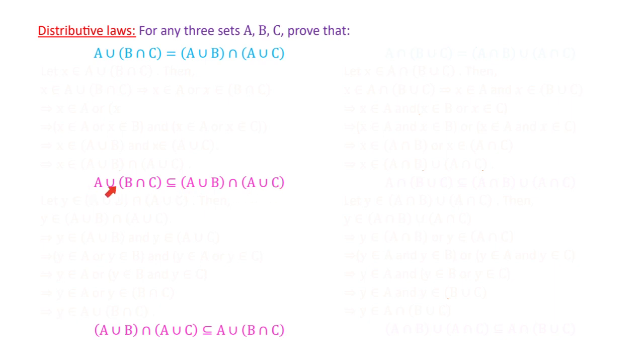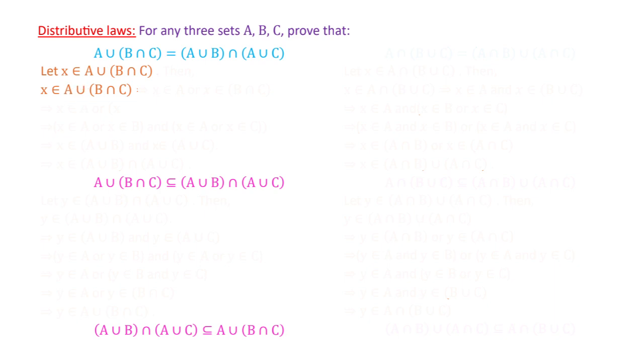So to prove this first result, we have to prove that this set is a subset of this. So we consider an arbitrary element of this set and prove that it is present in this set. Let X belong to A union B intersection C. Then this implies, in place of this union we can write OR.